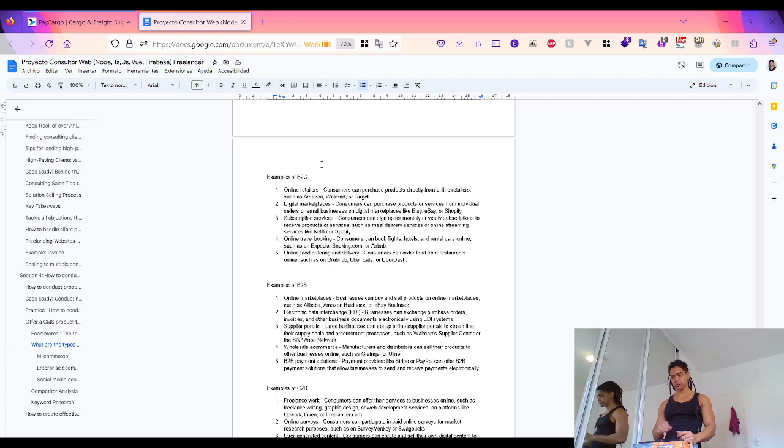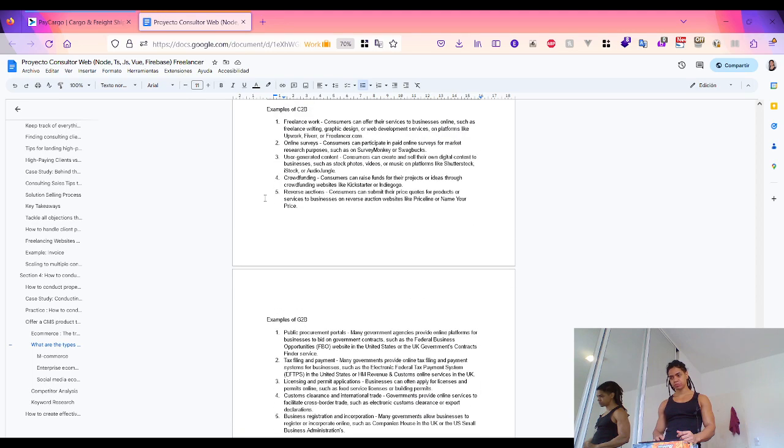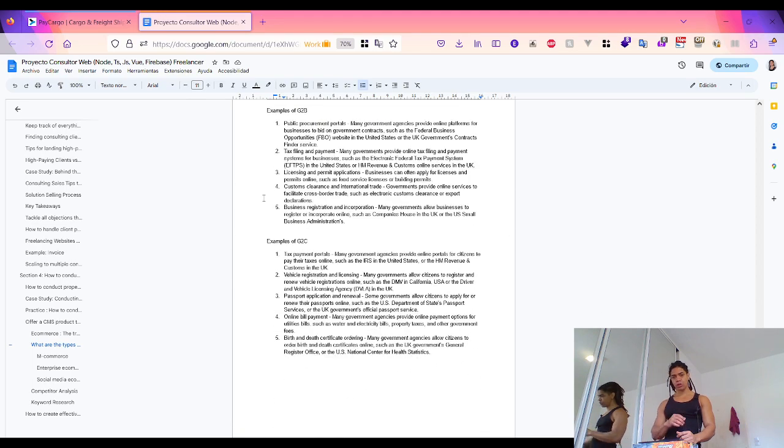Online bill payments, where consumers or citizens can pay their utility bills. Governments provide payment options to do that for electricity, water, property taxes, and other government fees.